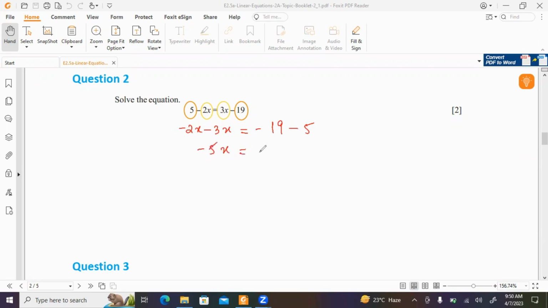Negative 19 minus 5 is negative 24. x would be negative 24 divided by negative 5. When you're dividing two negative terms, the result is positive. So 24 over 5 is our answer. If you want to convert it into a mixed number, that's going to be 4 whole number, 4 over 5.